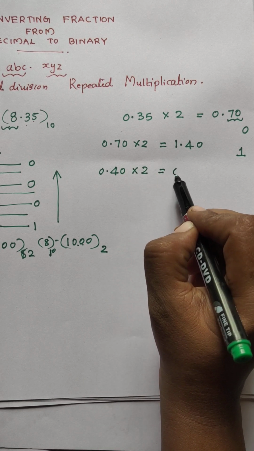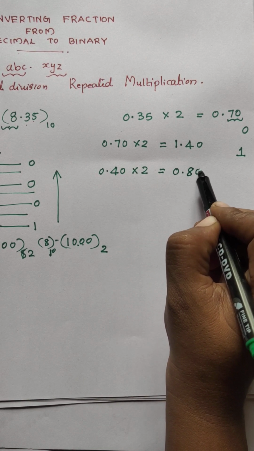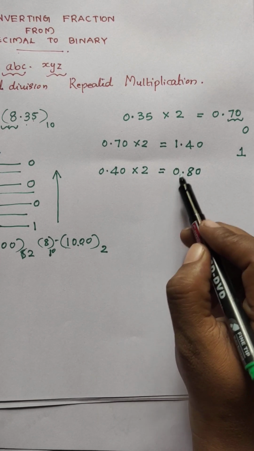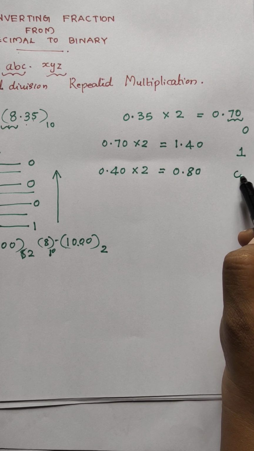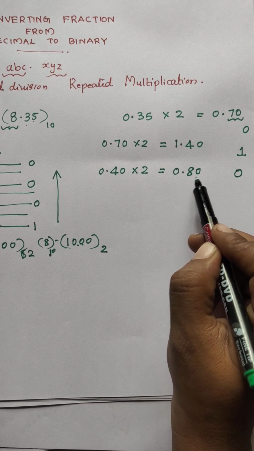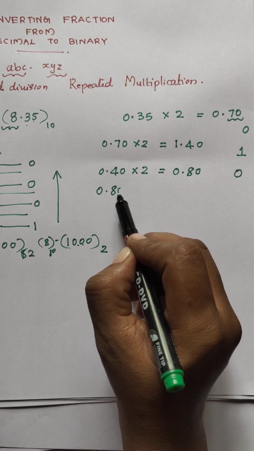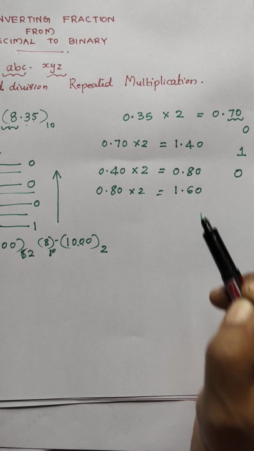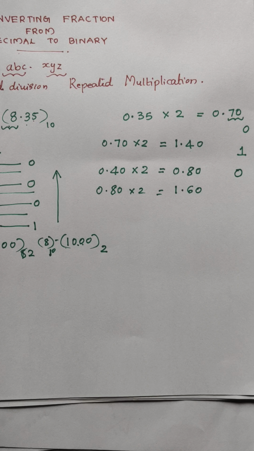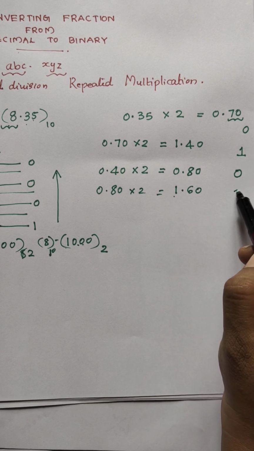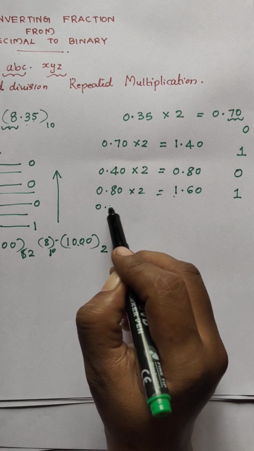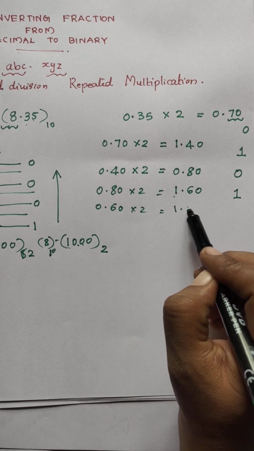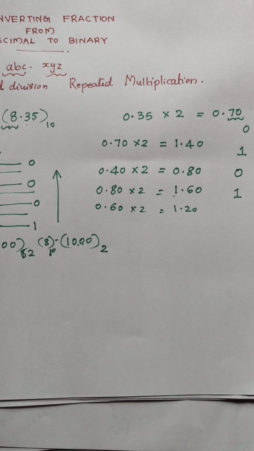What is the result? 0.80. Is it clear? We take the integer part, that is 0. Again 0.80 into 2. What is the result? 1.60. And we take this 1. Again 0.60 into 2 is 1.20. Like that, and so on.